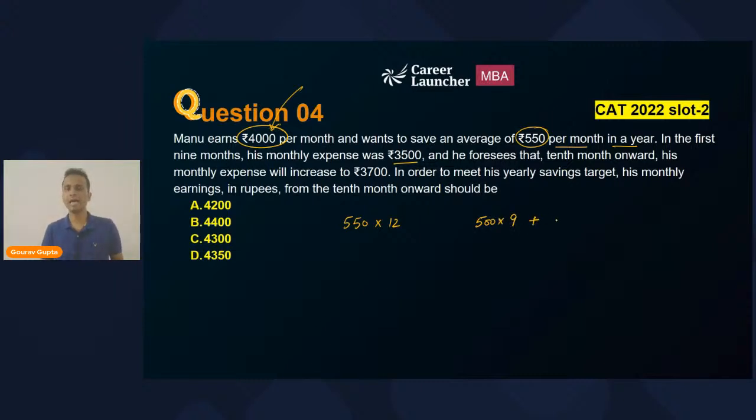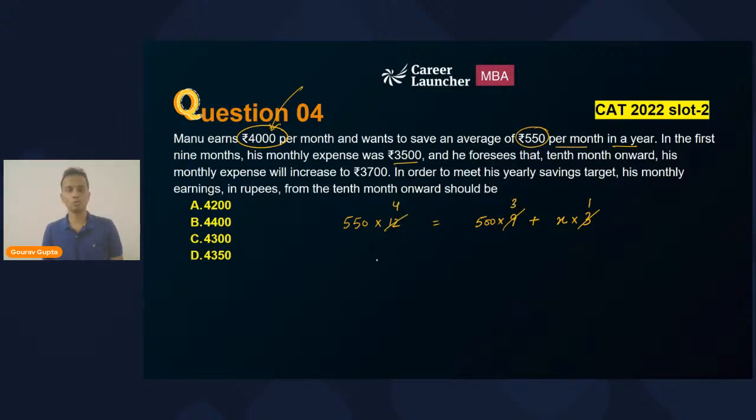Plus, now he has to save for the next 3 months. So let's say the average for the next 3 months is X. So now, according to his actual calculations, this will be his total savings, which should be equal to 550 multiplied by 12, right? So I can equate and get the value of X. To make the calculations easy, I will cancel out common factor of 3.